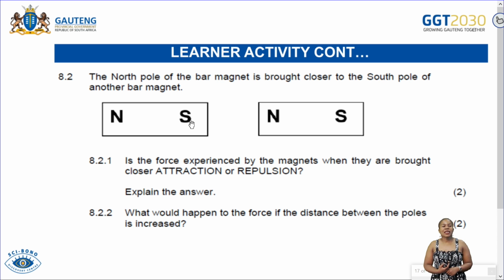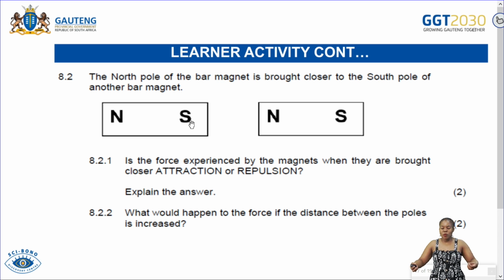8.2.2, they're asking what will happen to the force if the distance between the poles is increased? If we take both these magnets and we increase the distance between them, the force, the magnetic field strength, will start getting weaker and weaker as we move them far apart from each other.